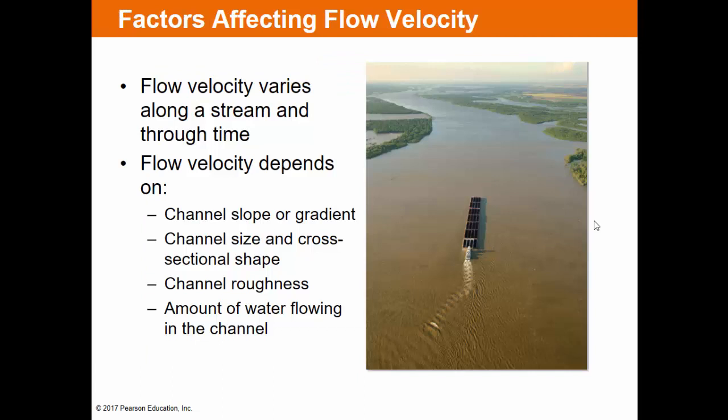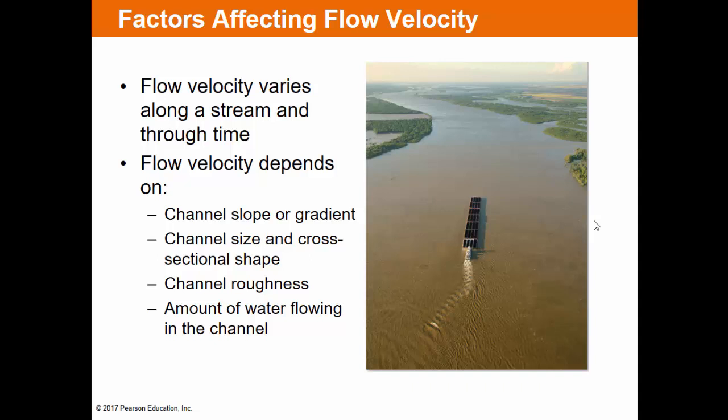So one of the things that affect how much erosion the stream can do is this concept of flow. The flow velocity of the stream is kind of an interesting thing. It varies through the length of the stream. It also varies through different time periods, different life cycles of the stream. That flow velocity is dependent on the slope of the gradient, the size of the channel, and the cross-sectional shape of that channel.